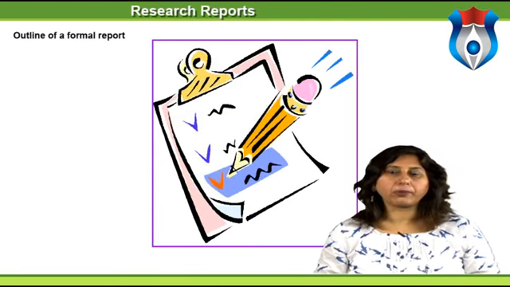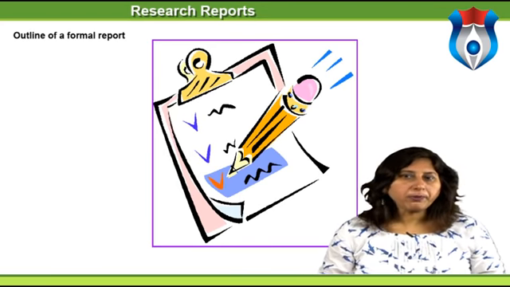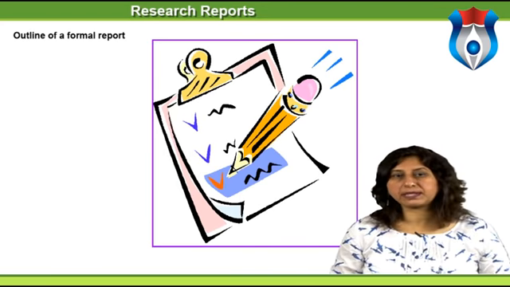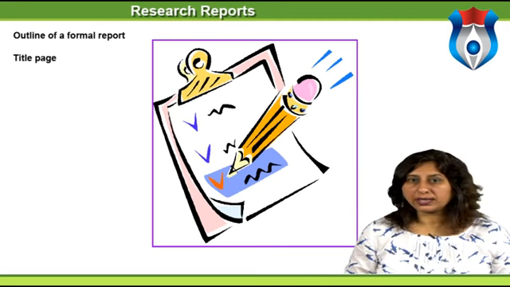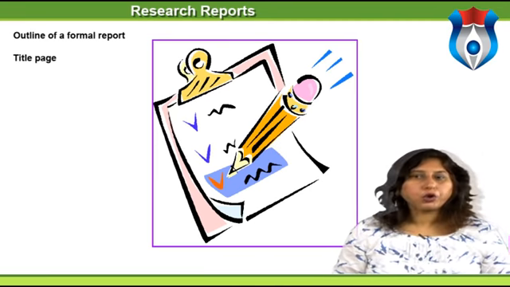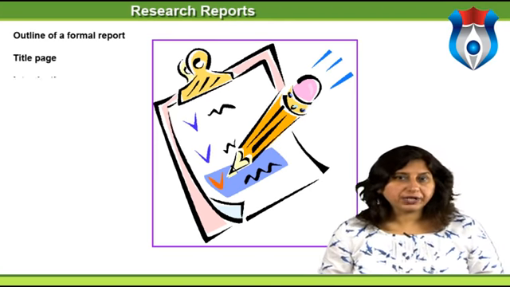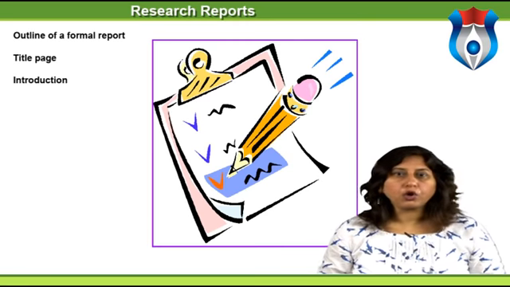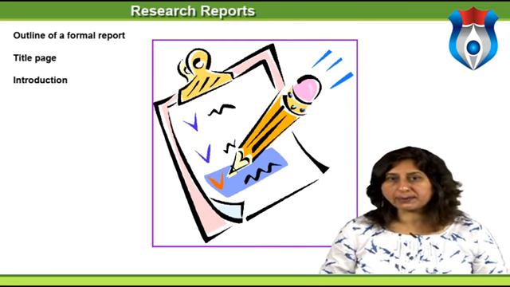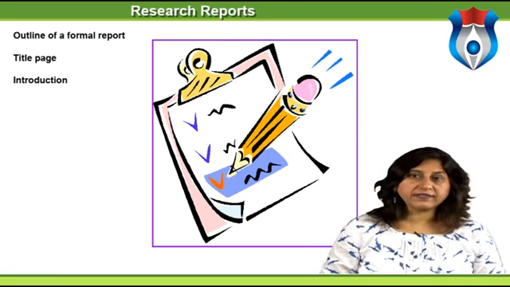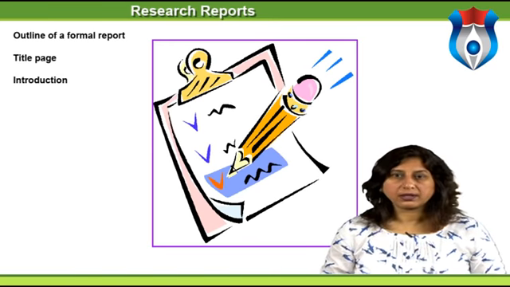Outline for the informal report. The informal report has the following elements. Title page: title, author's name, course contents. Introduction: purpose, overview, importance of the subject matter, objectives for this particular report.